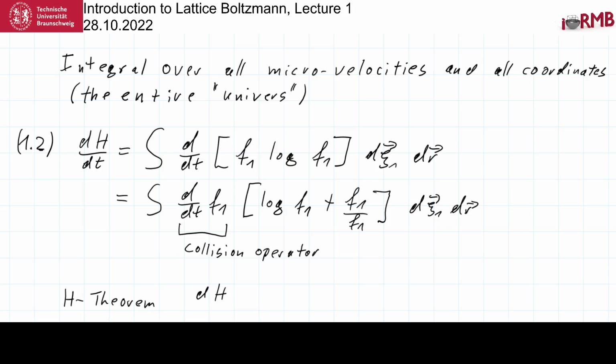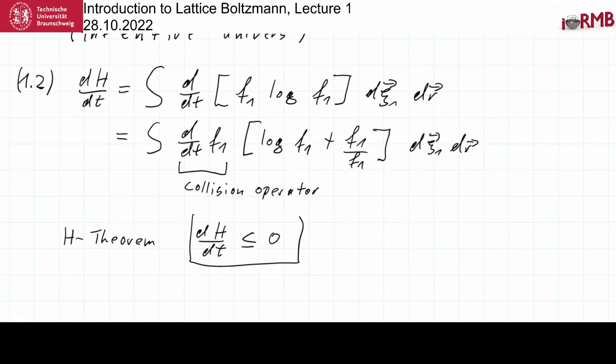I'm going to finish this, even though I only have 5 minutes left. In order to show that this derivative is smaller or equal than 0, and the equilibrium would be the case, the equilibrium we have reached if there is no change anymore, is when the time derivative is equal to 0.